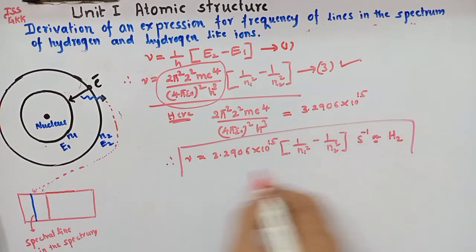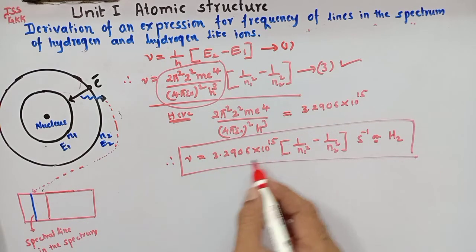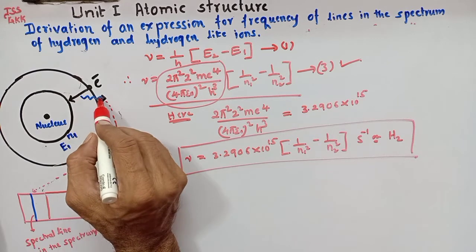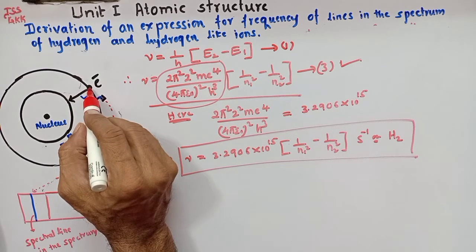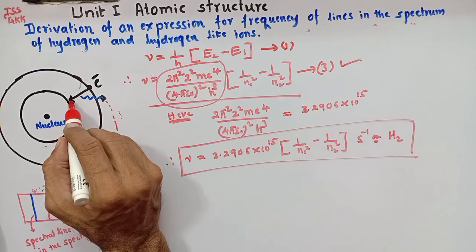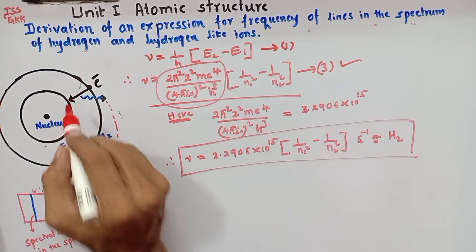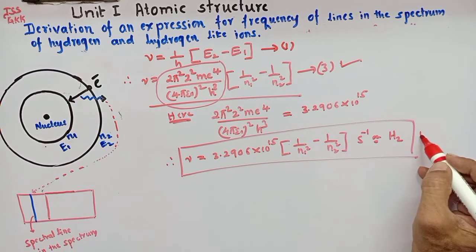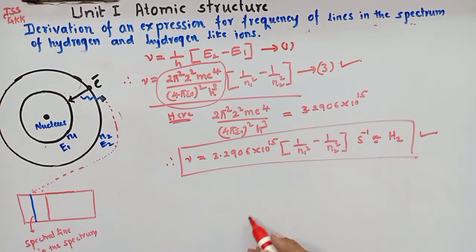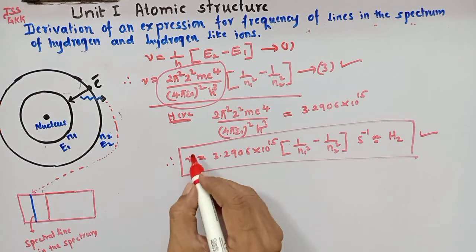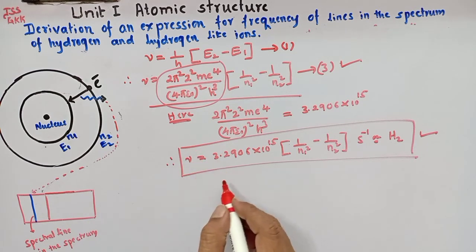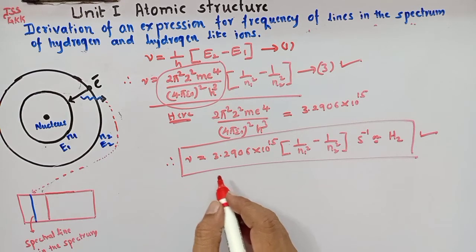This is the equation to calculate the frequency of emitted radiation when an electron jumps from a higher energy level to a lower energy level. This relation can be utilized. Now the same expression, that is frequency, can also be expressed in terms of wave number.